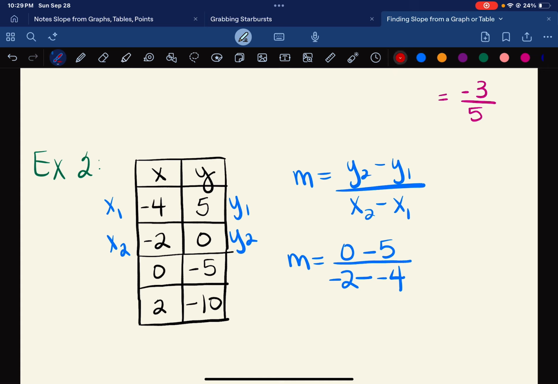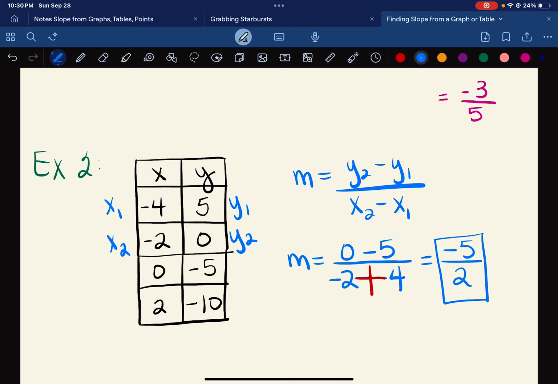Again, we have a double negative here, minus a negative 4. So I'm going to just go ahead and change these in the problem into one giant plus sign. So our numerator, 0 minus 5, gives us negative 5, and our denominator, negative 2 plus 4, gives us a positive 2. Therefore, our slope is negative 5 over 2.